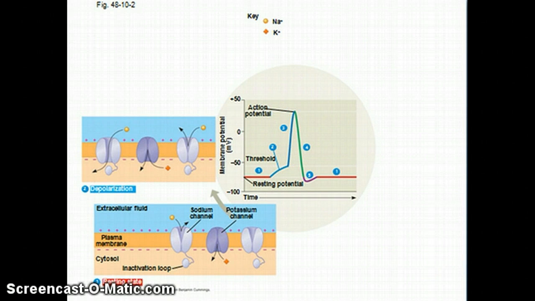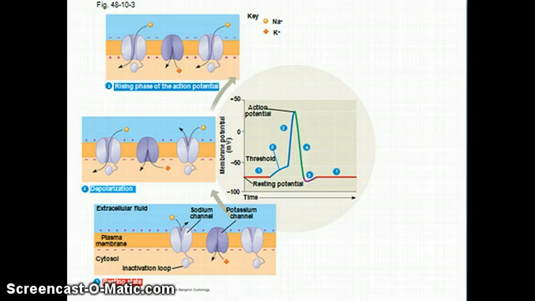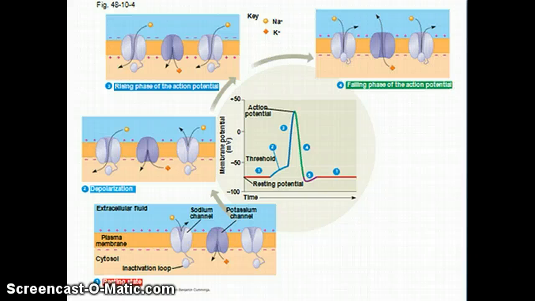Our next phase is the third phase, the rising phase of the action potential. During that time a lot of sodium channels open up and a lot of sodium rushes into the cell. Then our fourth change is when our potassium channels open up. This is called the falling phase of the action potential.